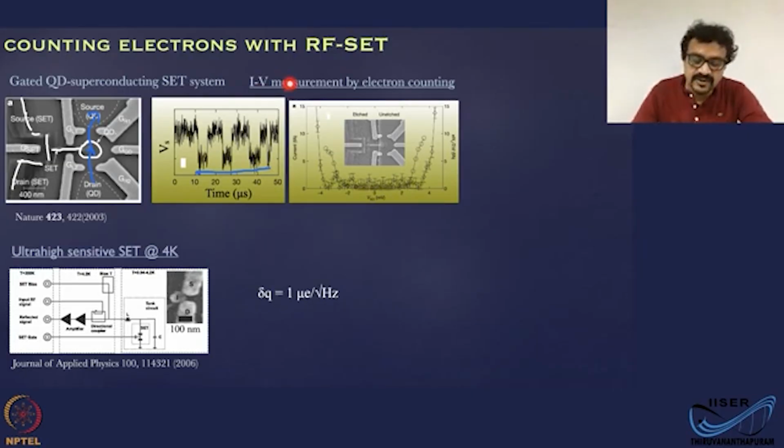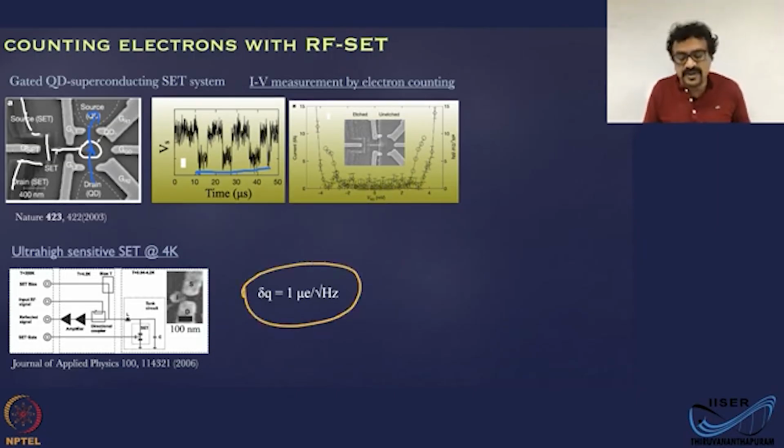They were able to correlate the IV measurements to the current calculated by the charge counting experiment. This is the first experiment where somebody has observed tunneling events of electrons through a solid circuit in real time. The sensitivity of these RF SETs has now reached almost 1 microelectron per root hertz, which is pretty close to the quantum limit.